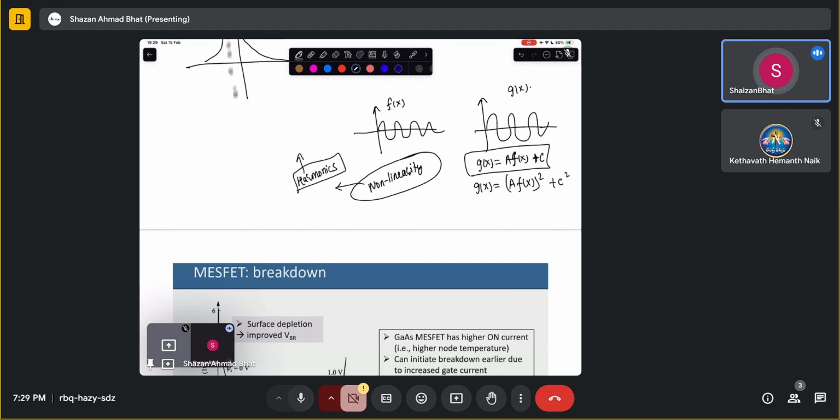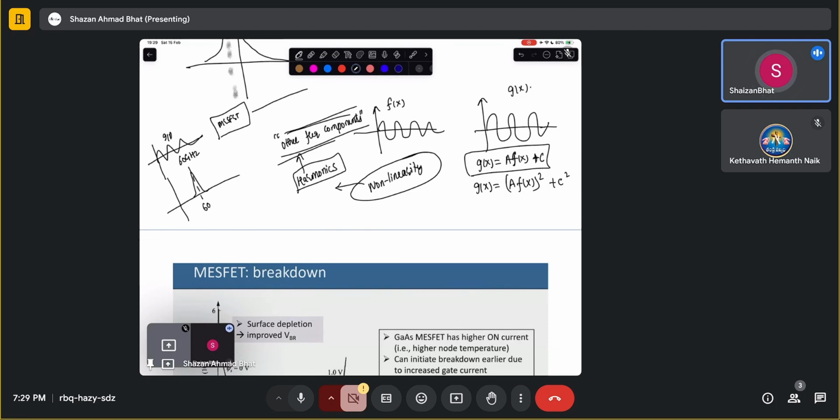Harmonics are certain other frequency components, and they come because of many factors. If you have a microwave signal coming in at the input, let's say 60 gigahertz, and you give it to a transistor, let's say a MESFET or any other FET, then at the output, if you check the Fourier transform, it will have a peak at 60 gigahertz.